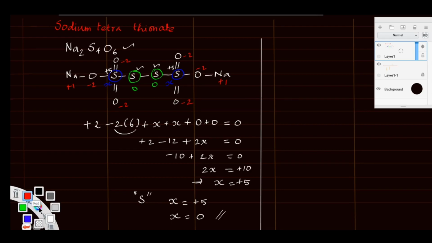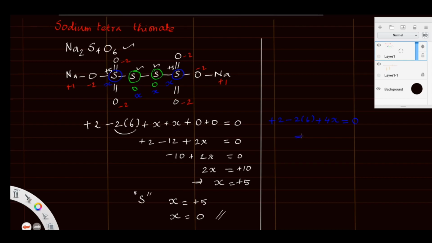If all sulfurs have the oxidation state X, then what will be the answer? Here +2 minus 2 into 6 plus 4x, because all 4 sulfurs have the oxidation state X, is equal to 0.